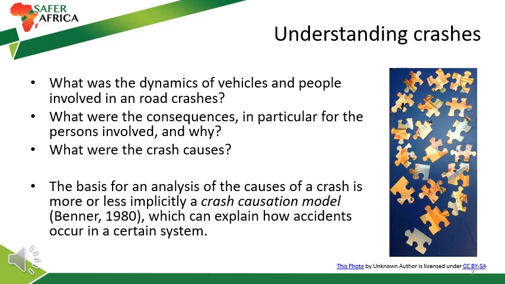Answering the third question helps us determine why an accident occurred. This is covered by an analysis of the causes. The basis of this kind of analysis is, more or less implicitly, an accident causation model, which can explain how accidents occur in a certain system.